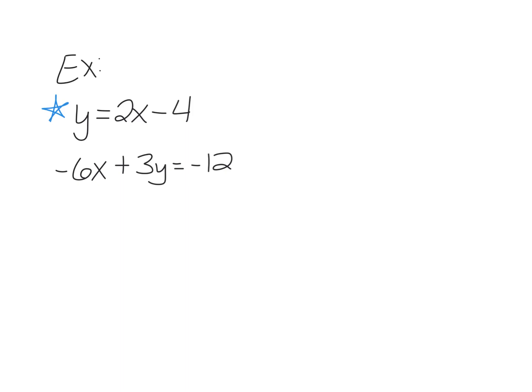Substitute, right? Since y equals 2x minus 4, we're going to take that and plug it in for y. So we have negative 6x plus, don't forget that 3 is still there, substitute in your y, 2x minus 4, and then equals negative 12.